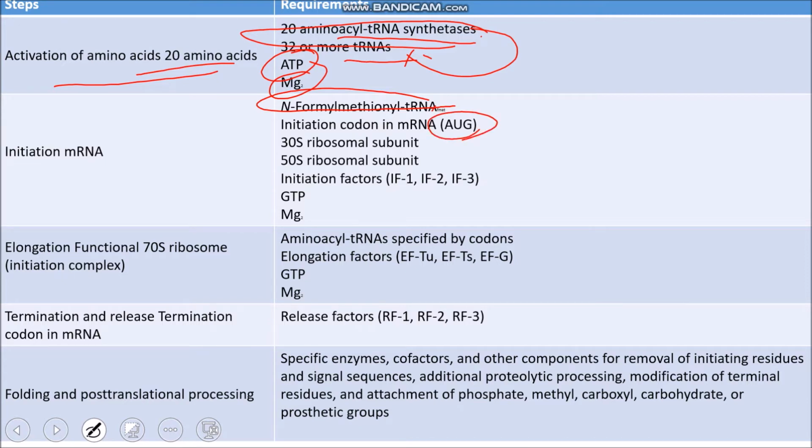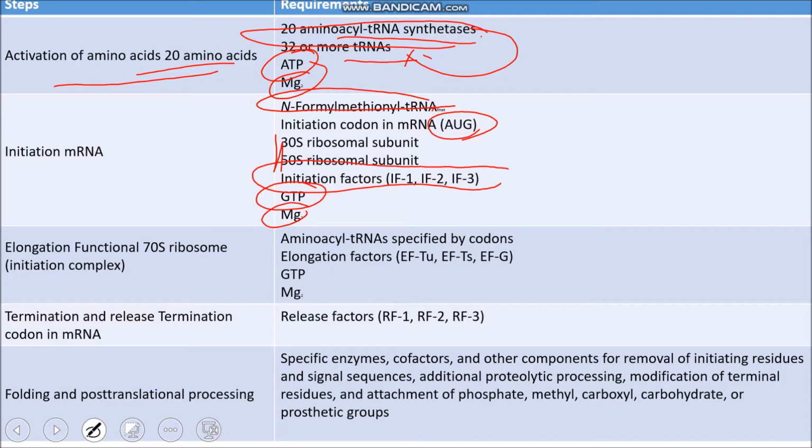We will see why we always have AUG as the first initiation codon during the initiation steps. Then we require the small and large subunits of ribosomes, that is 30S and 50S. We require initiation factors which initiate protein synthesis, that is initiation factor 1, 2, 3 in case of prokaryotic cells. It requires GTP as energy source and magnesium as the metal ion.